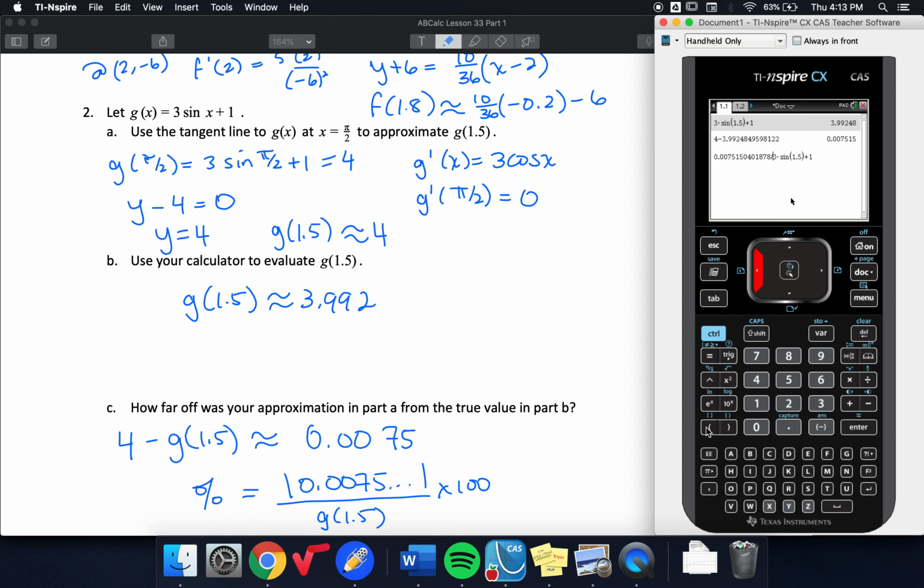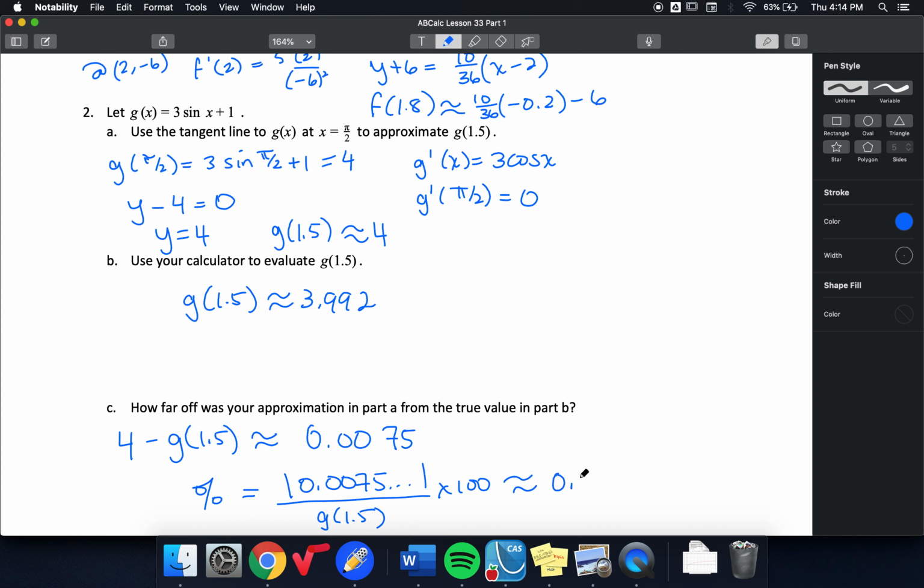All right, so put in my parentheses, close out my parentheses, multiply by 100, and my percent error. Even though this number seemed small, this is my percent, so it is very small. My percent error is about 0.188%. So not far off at all.